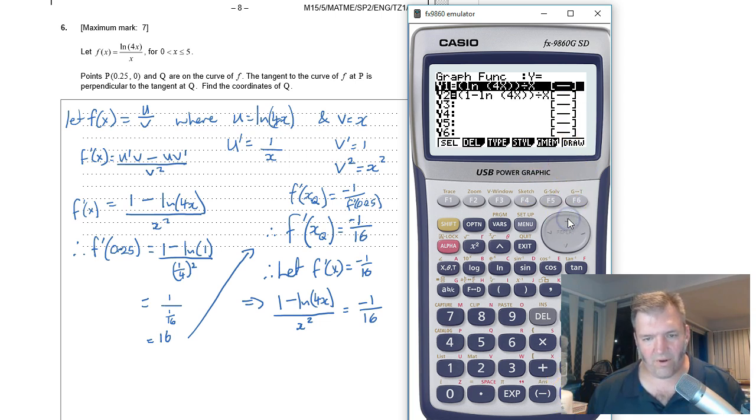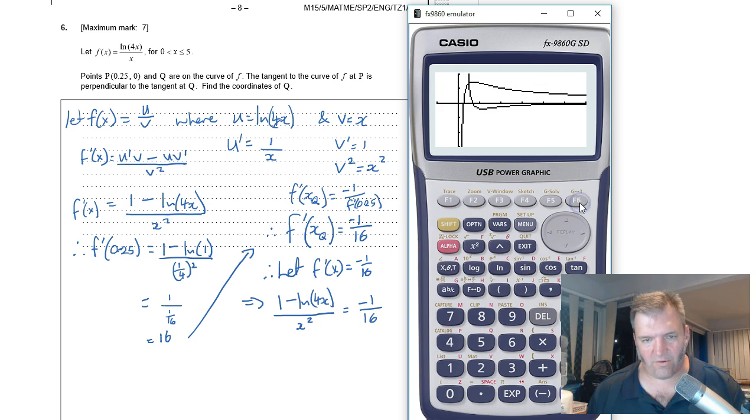And I only want to look at one of them at the moment. I'm sure there's a way to turn that off. Let's have a look at the drawing and see. Oh, they're both on there, but that's okay. I want to go Shift G solve, and I want to find when this equation equals -1/16. So I'm going to G solve, find the x when y equals, so I've got to tell it which line. That's the line I want.